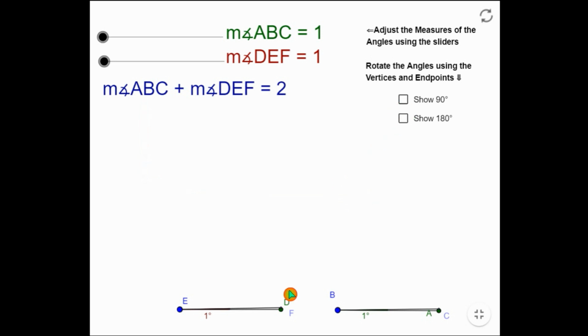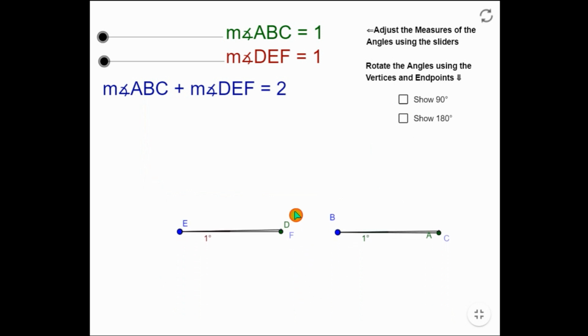Okay, so let's try to move the pair of angles that we have here. Let's try to rotate the terminal side of our angle ABC. So where's your ABC? Here's your ABC.